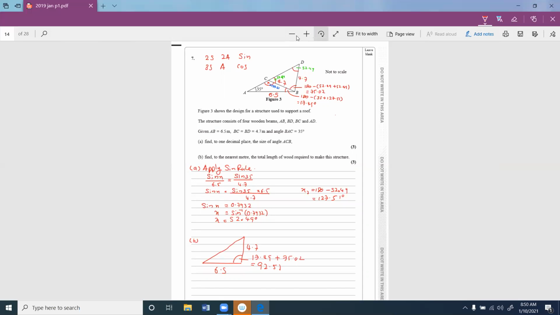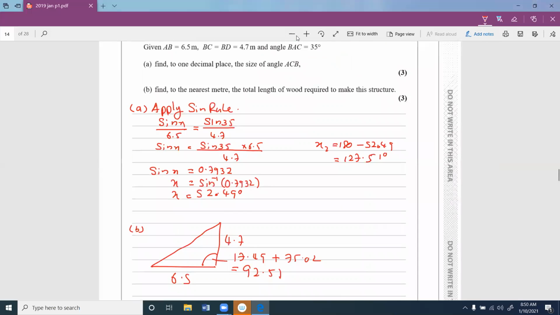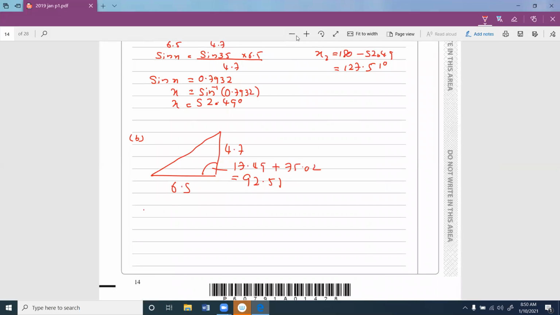Then what you can do here is simply apply the cosine rule. The cosine rule is a squared equals b squared plus c squared minus 2bc cos theta. Here a becomes the side opposite to this angle, which is what we need to find. b squared is 6.5 squared.